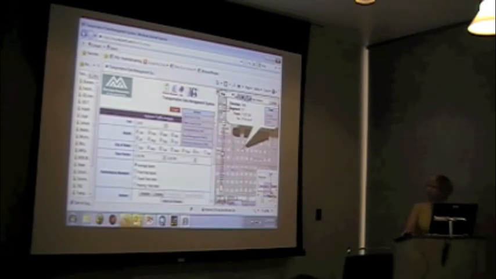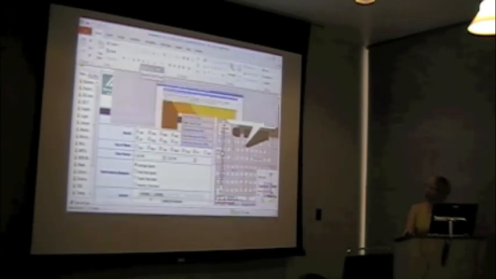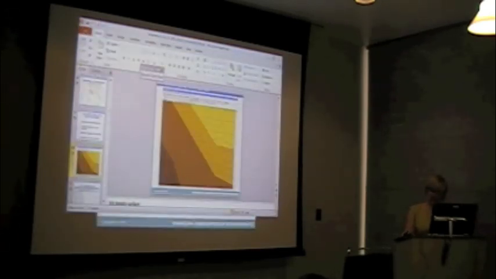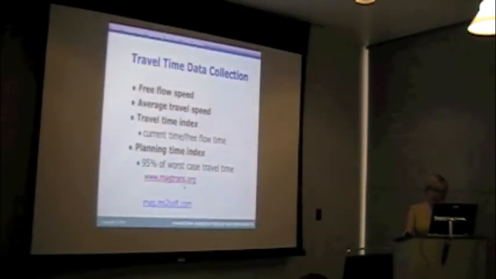What it's doing is, for every segment, it calculates a travel time index and a planning time index. The travel time index tells you how good traffic is right now.